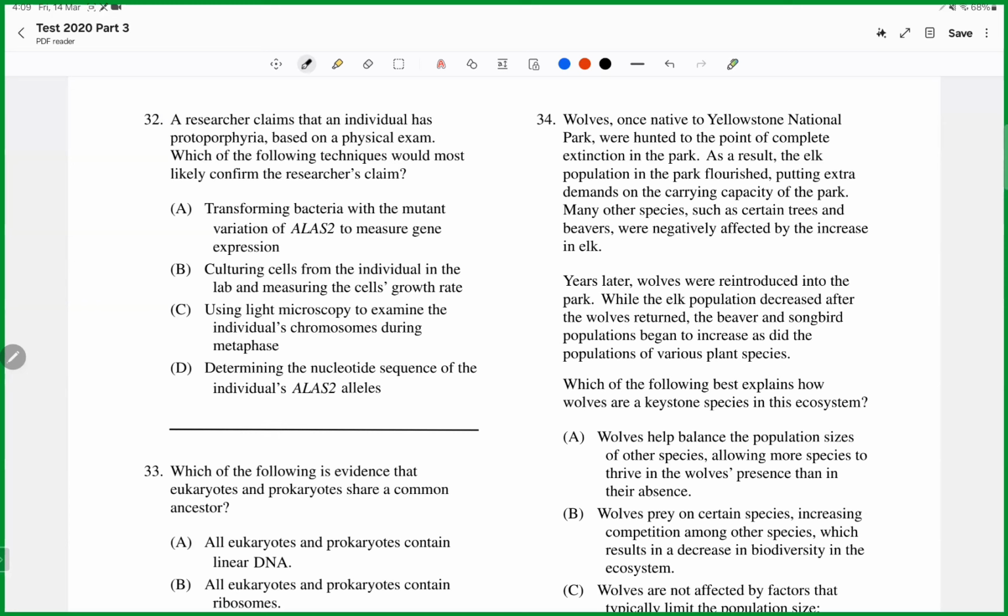Because if you know the sequence of the allele, let's say you know it somewhere stored, if you sequence that person's DNA, and you see the same sequence of that bad allele, then you know that it's a mutation.